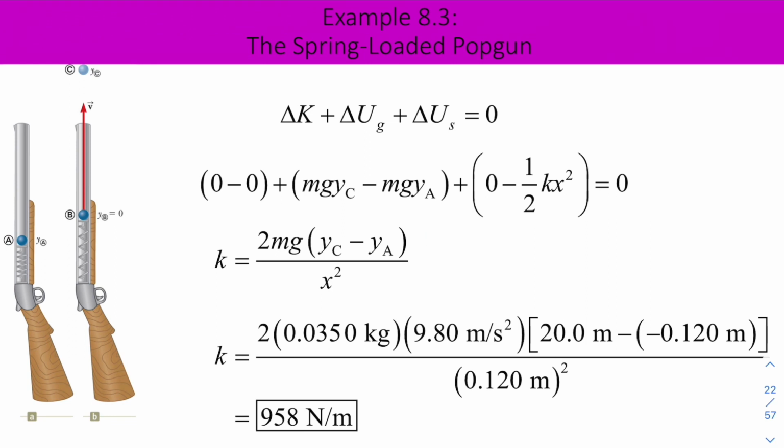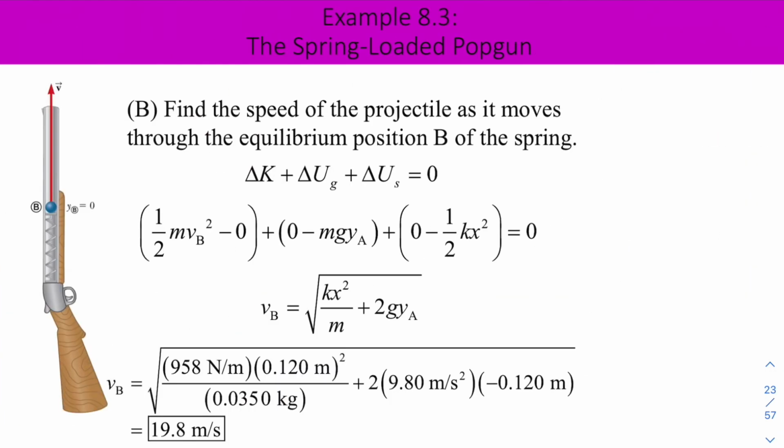So from here, rearrange the position of the items, make k our interest, then substitute the rest of the information, and you will get your k equal to 958 Newton per meter.